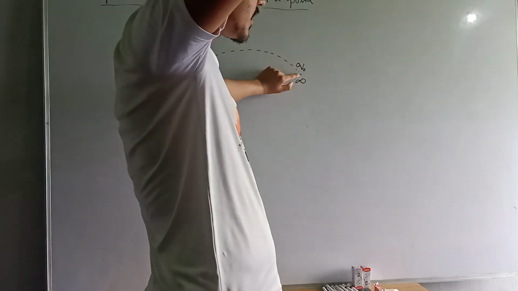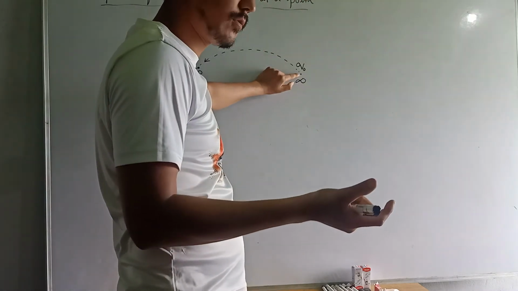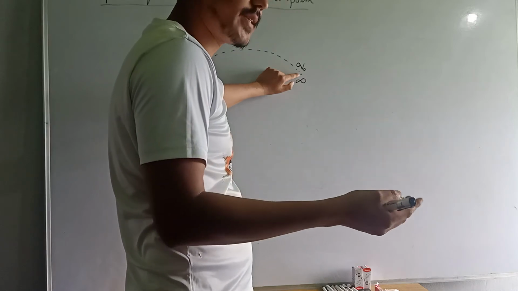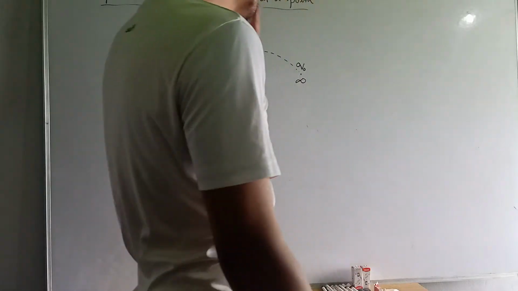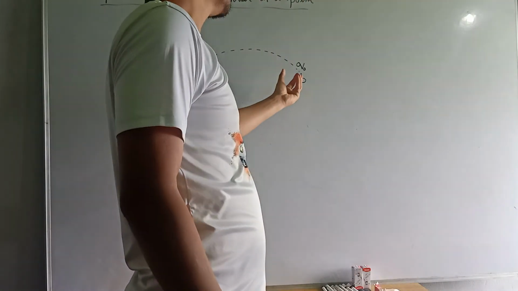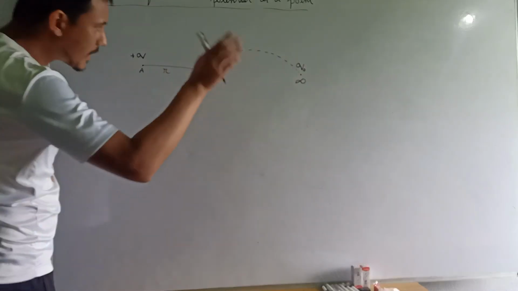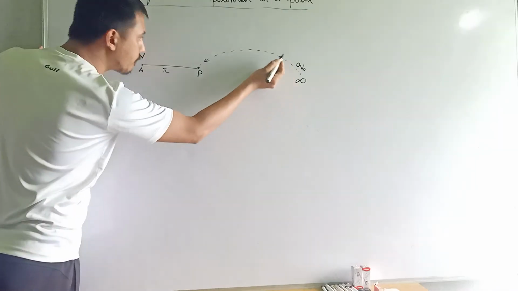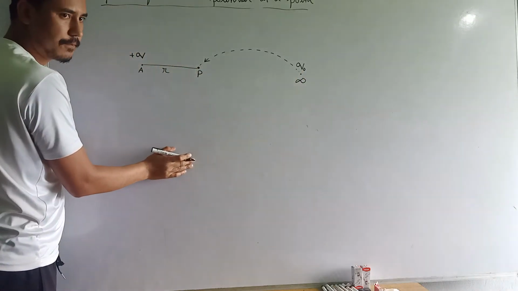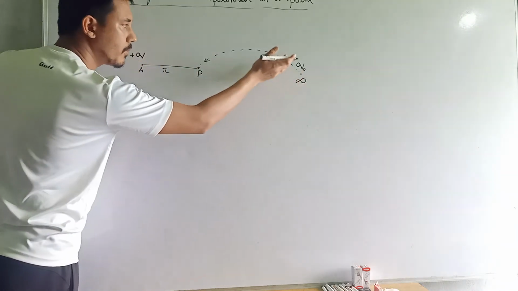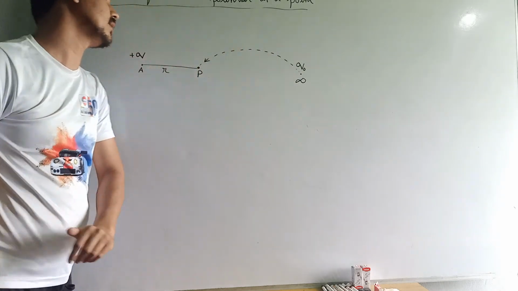In the previous case, according to the definition, we assume that the potential at infinity is 0. But we cannot say about that exactly. That was just an assumption. We do not know what is the electric potential at infinity. So instead of taking it from infinity, I'm going to take it from P to infinity. Instead of bringing from infinity to P, I'm going to take it from P to infinity.